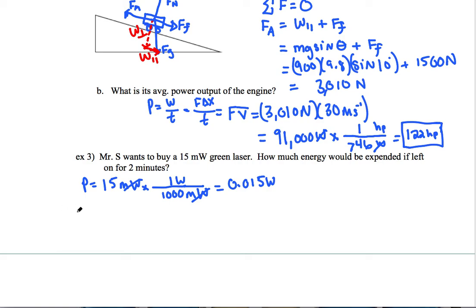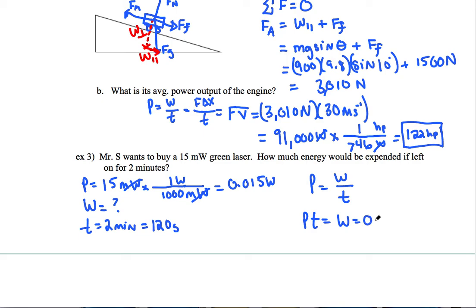We're trying to look for energy, how much energy is transferred, so that's the work, and the time is 2 minutes, but we want that in seconds, so that's 120 seconds. Power equals work over time, cross multiply, power times time equals work, and that is 0.015 watts times the 120 seconds. That gets us a transfer of energy of 1.8 joules.